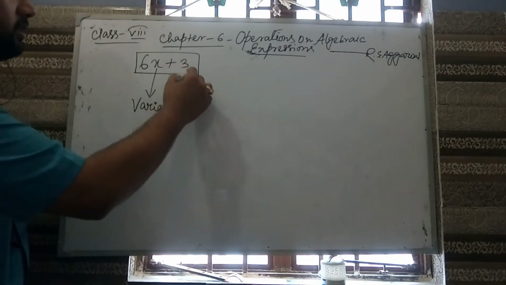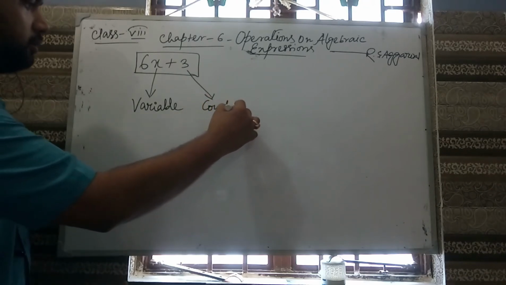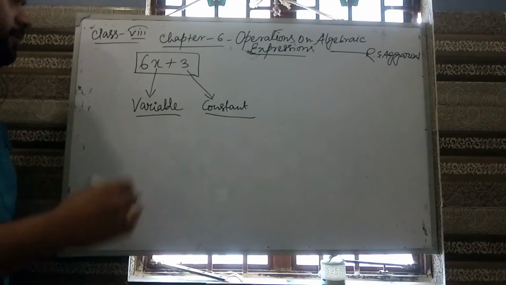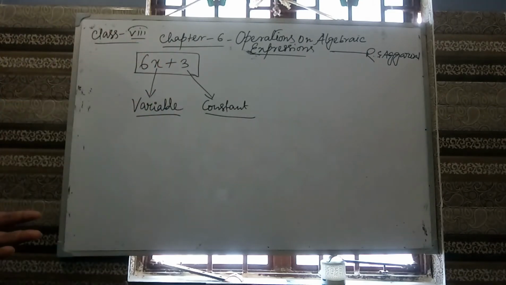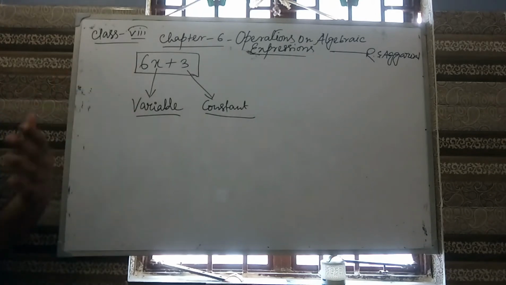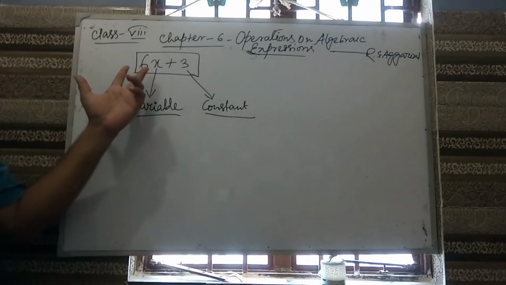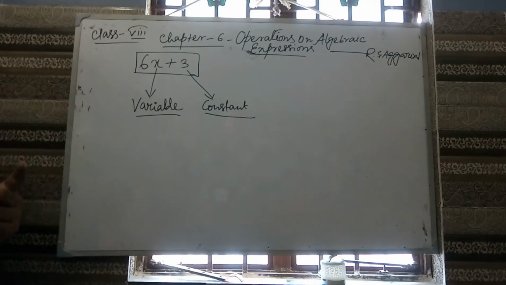And plus 3 is constant. Why? Because plus 3 means it has a definite value 3. Now in 6x, if we change the value of x, the value of 6x will change and the value of the whole expression will change.